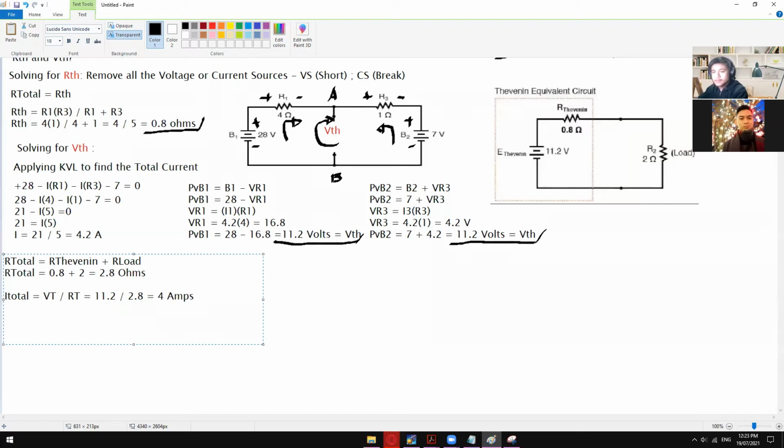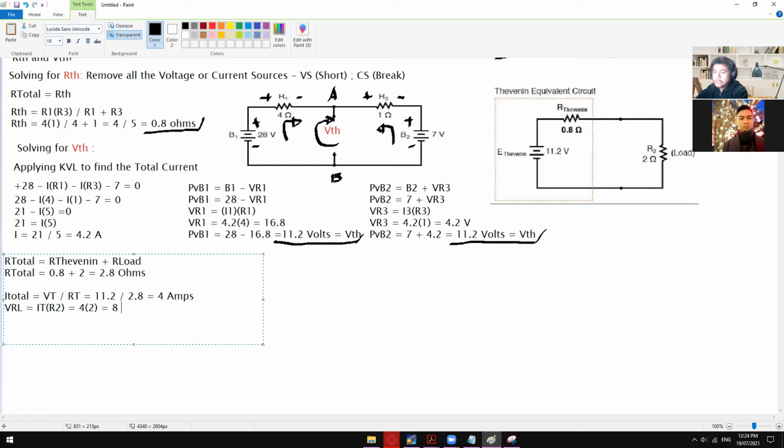Once we have the value of our total current, we can apply that to find the voltage drop across our load resistance. So VRL is equal to I total times R2, wherein I total is 4 amps times the R load, which is 2 ohms.